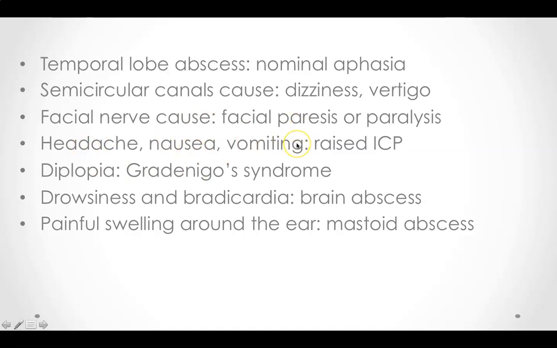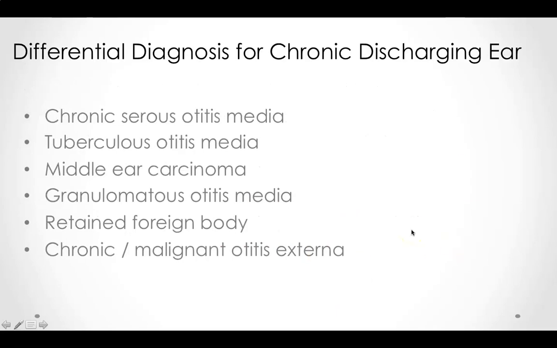Headache, nausea, and vomiting might be present due to increased intracranial pressure. Diplopia may be present due to Gradenigo syndrome. Drowsiness and bradycardia can be present if it has formed a brain abscess, and if there is any painful swelling behind the ear in the mastoid area, then it can be due to mastoid abscess.